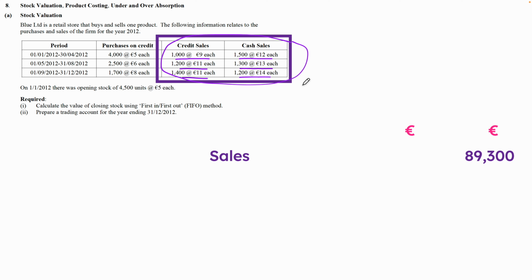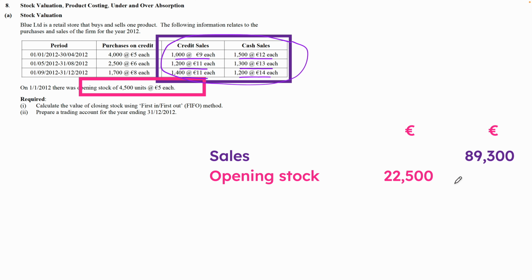So that all tots up then to €89,300 in your sales. Then we take away the cost of sales. So opening stock then, 4,500 units by €5 each. That is opening stock there, €22,500. Then we tot up all of our purchases. So 4,000 by 5 plus 2,500 by 6 plus 1,700 by 8.